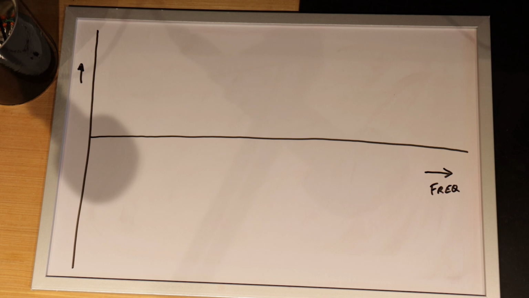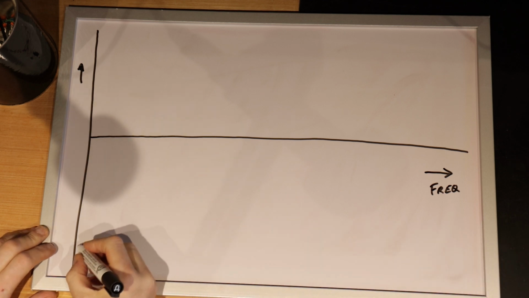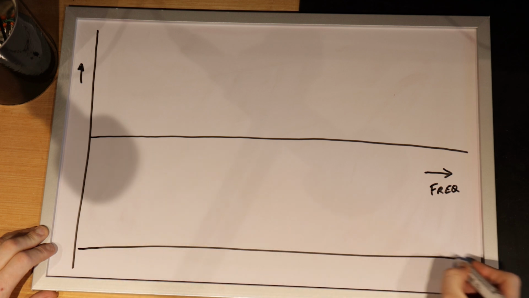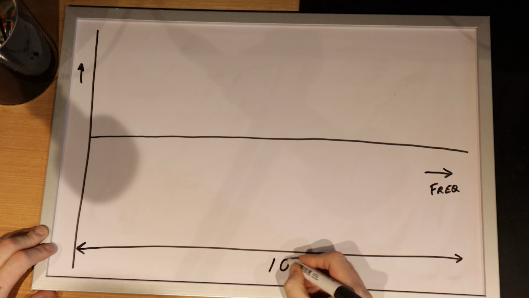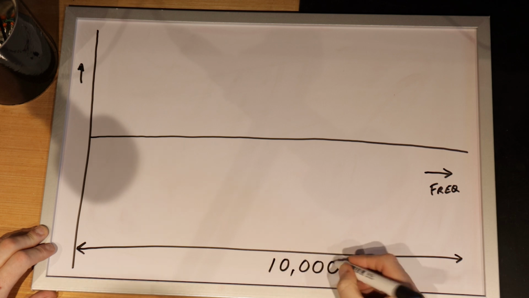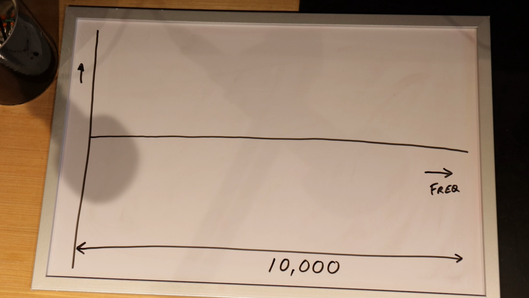So imagine that we have 10,000 hertz, 10k across the graph, and we're injecting that 1 kilohertz tone that we showed on the oscilloscope.